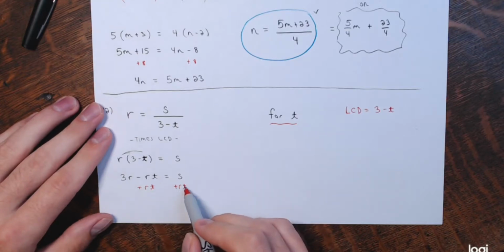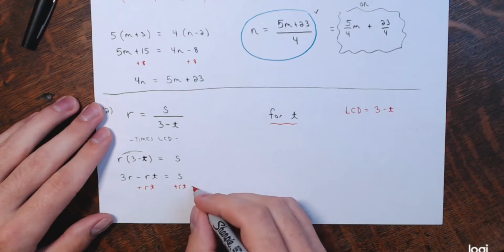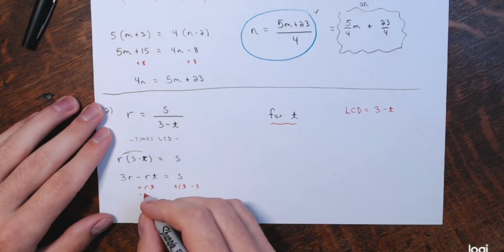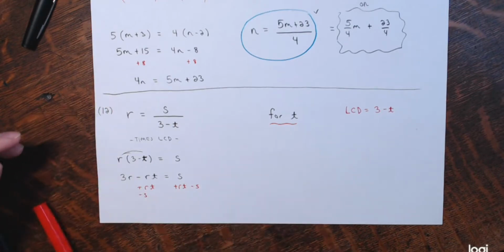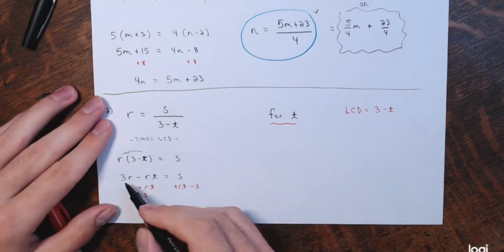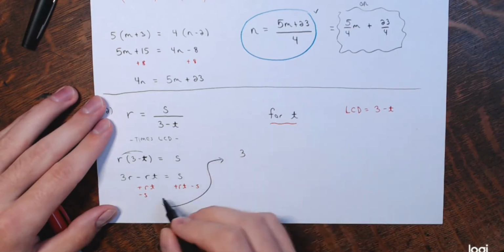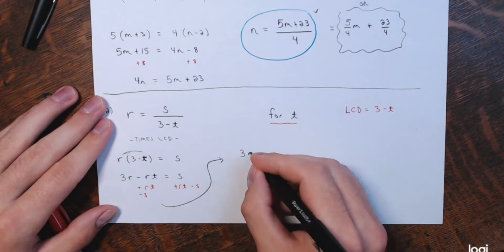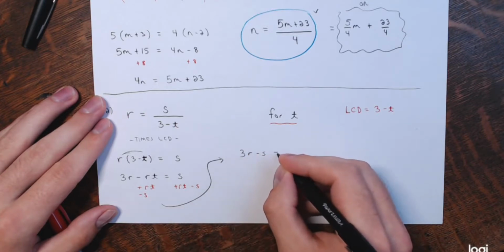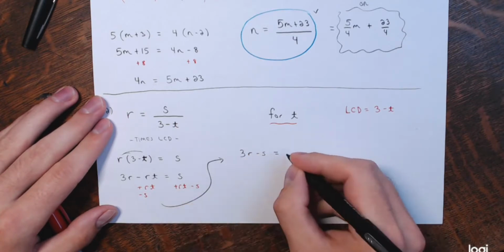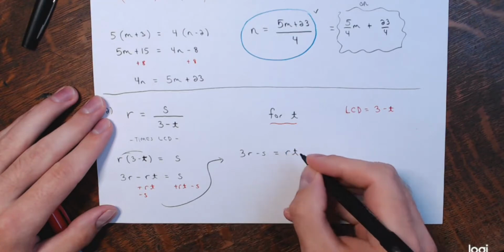And then the term with t will be on the right, and then I want to get rid of this term without t on the right, this s, so I will also subtract s from both sides. So that leaves me with 3r minus s equals rt, r times t on the right.